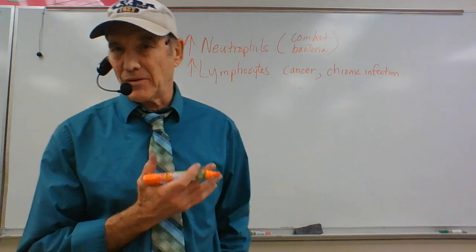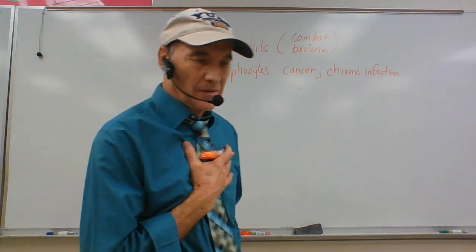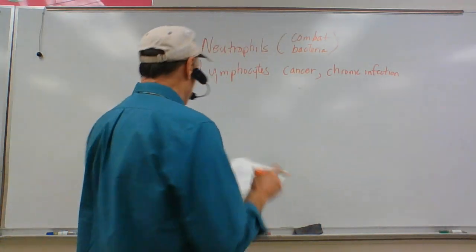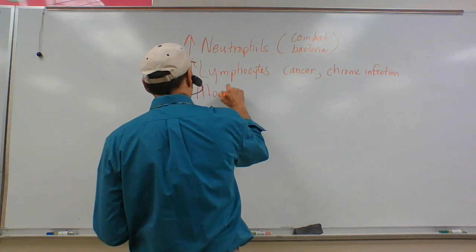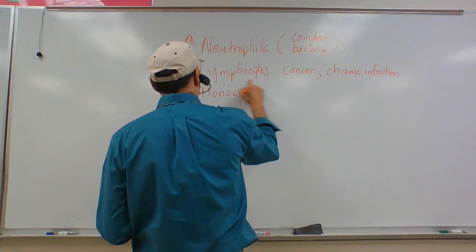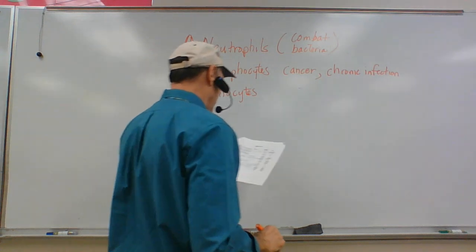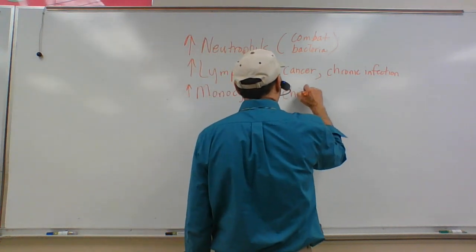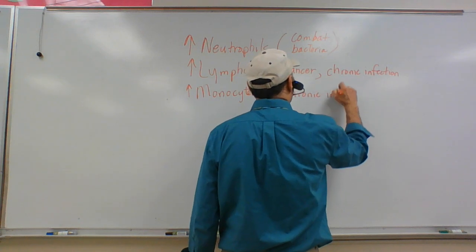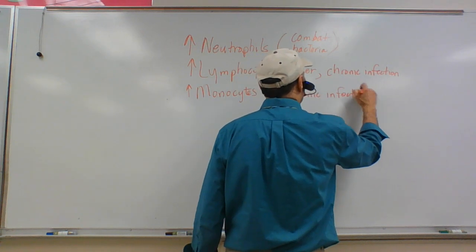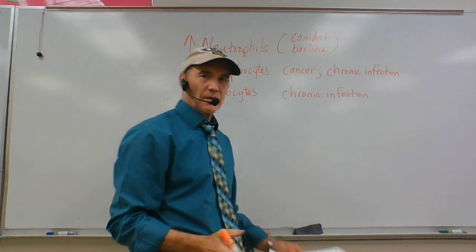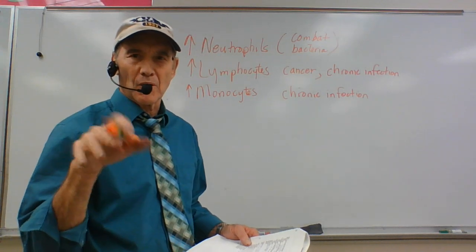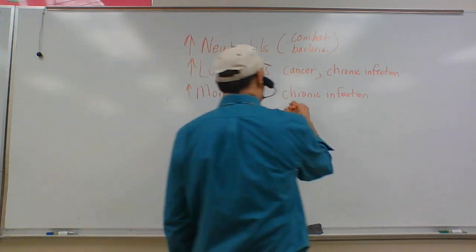There's other things too, you guys, but I'm going to simplify this. The monocytes, elevated. Well, that could be chronic infection too, but if you look at the monocytes and they are of a certain type, they're kind of an abnormal monocyte, mononucleosis.